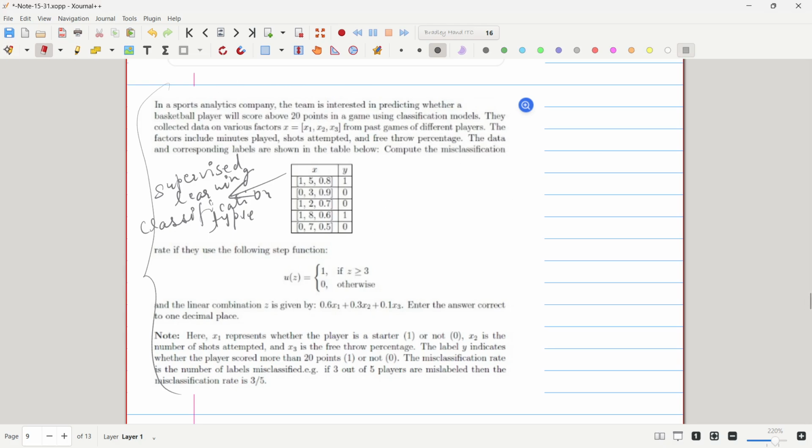But here is a condition that u of z is 1 if z is greater than or equal to 3, or 0 otherwise. So you can find z as 0.6 x1 plus 0.3 x2 plus 0.1 x3. Then you can put the values of x1, x2, x3 from this table. If the value is greater than or equal to 3, then your value will be 1. And if the value is not greater than or equal to 3, then your value will be 0. So from here you can find the loss function. So try it by yourself.